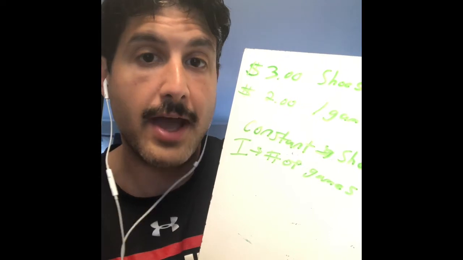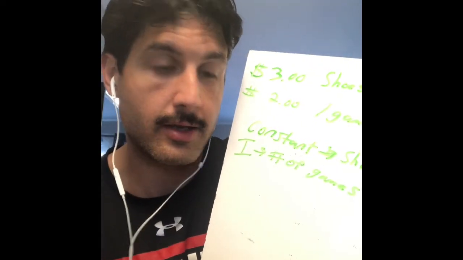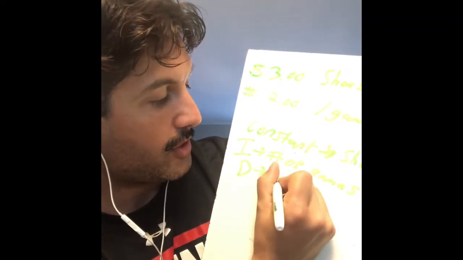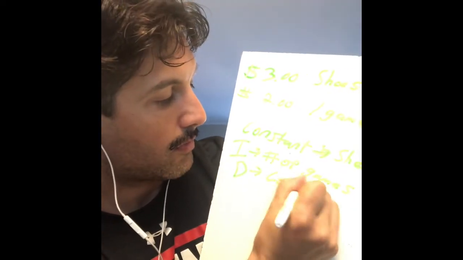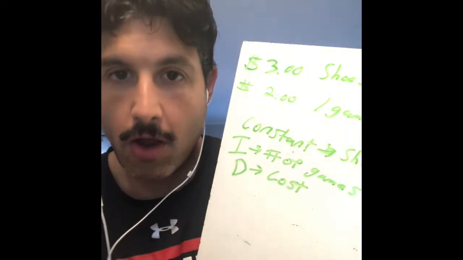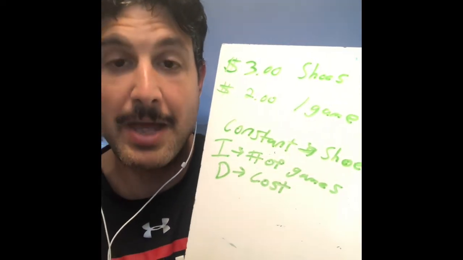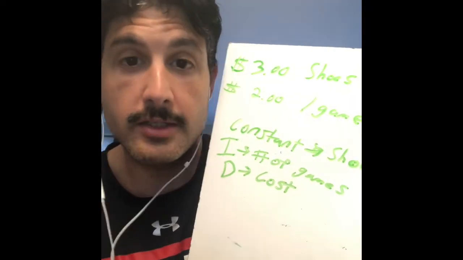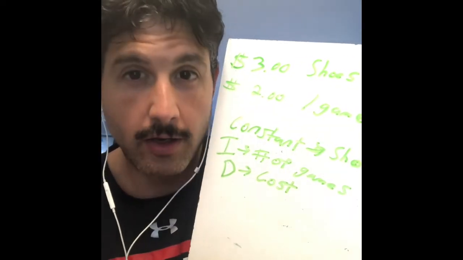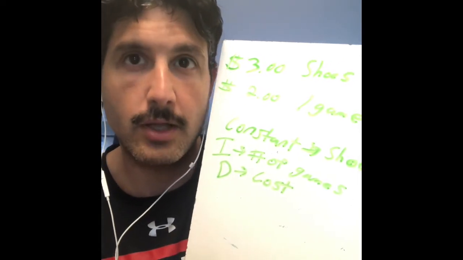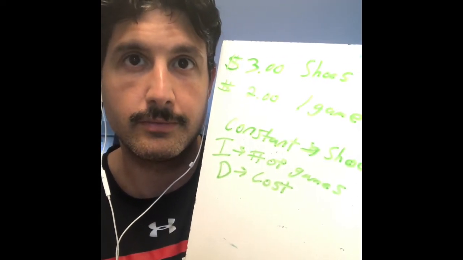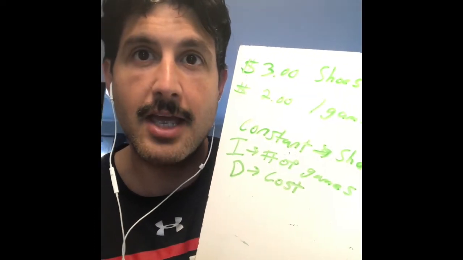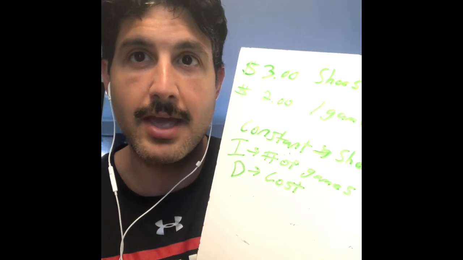And what that's going to end up changing is the dependent variable, which is cost. So the cost for the night is going to depend on the number of games you play. But regardless of how often you play, you've got a constant in that you pay $3 for the shoes to bowl.